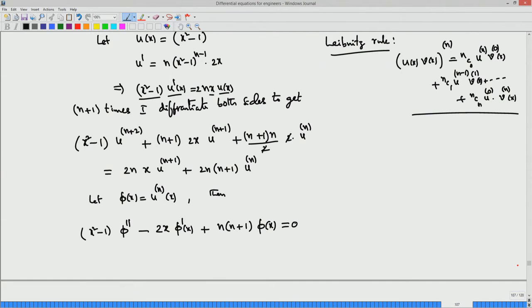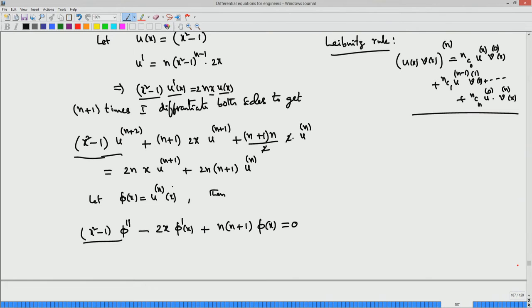How do we see this? This is the first term, and then the u^(n+1) derivative terms. You have these two terms, 2x(n+1) and 2nx; 2n goes, and what you are left with is only this.